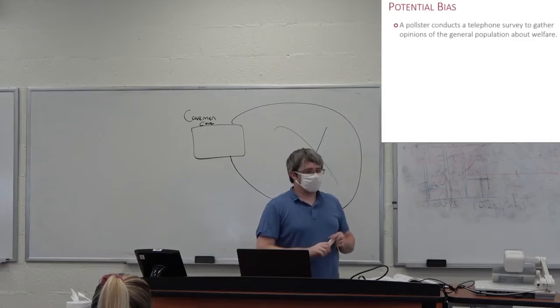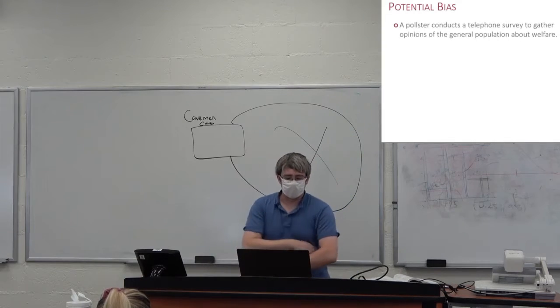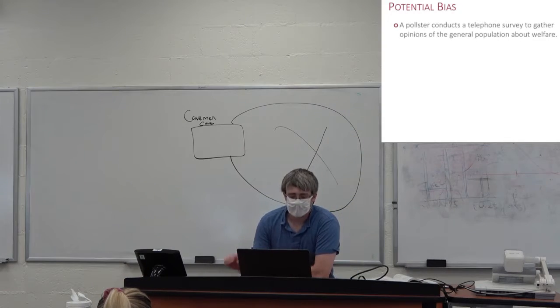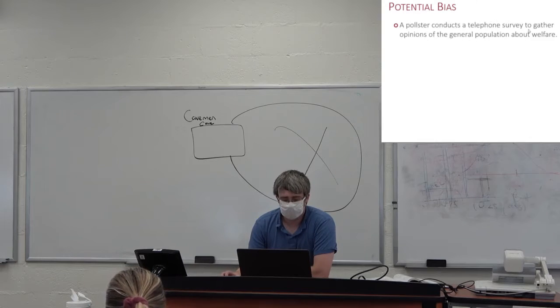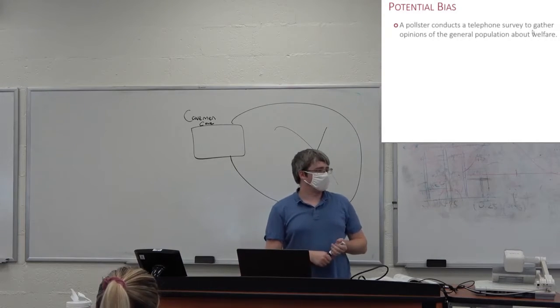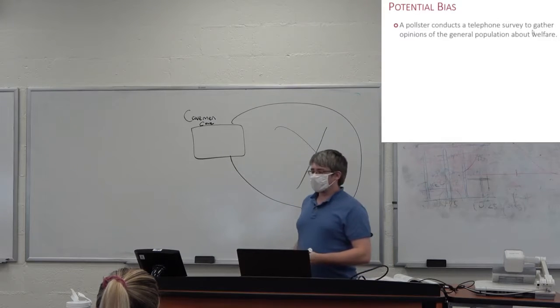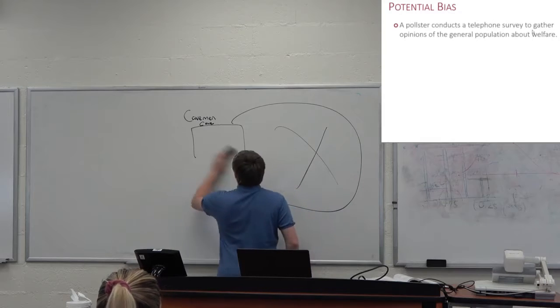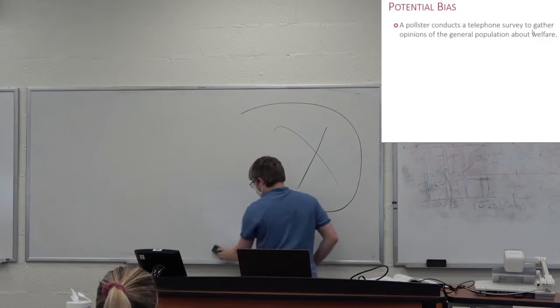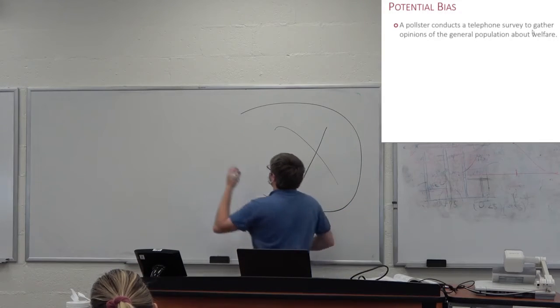Another example about potential bias is if a pollster conducts a telephone survey to gather opinions about the general population and what they think about welfare. In this case, my bias is that there's only people with telephones.